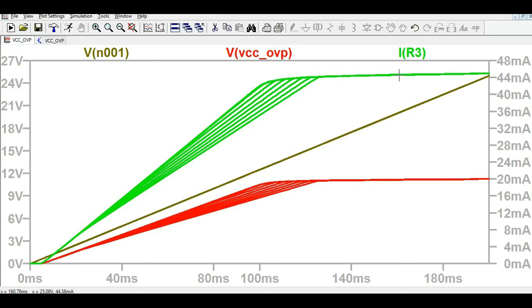So at the load current, there is no impact of your input voltage or of your load resistance. Here you are getting the constant current, and here the constant voltage.